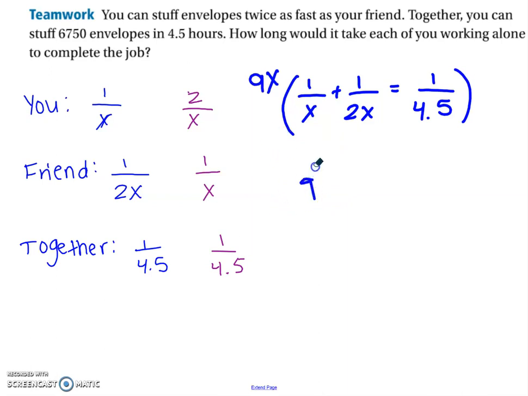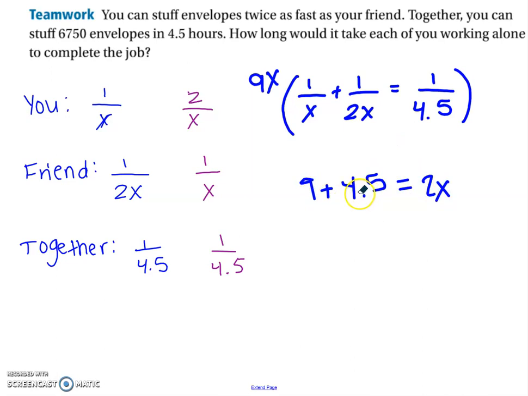And then if I multiply 9x times 1 over 2x, the x's will cancel, and the 9 over 2, I'm going to make that 4.5. And then I'm going to do 9x times 1 over 4.5. So the 9 and the 4.5 are going to reduce to 2. So then this is 2x.